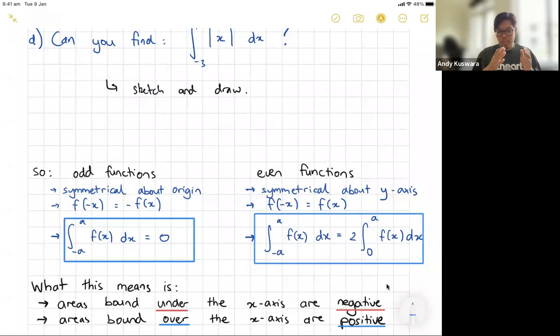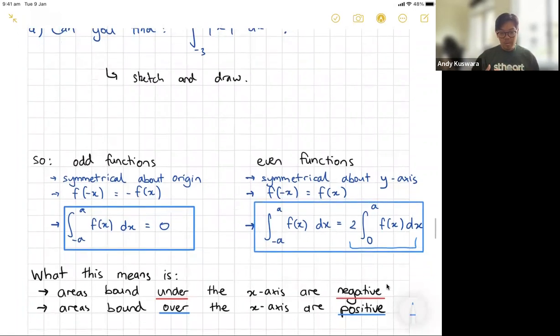Instead of going all the way from -5 to 5, I go from 0 to 5, find that area, and then double it, which is why you have this formula here. These are just terms I'm going to throw around for now.